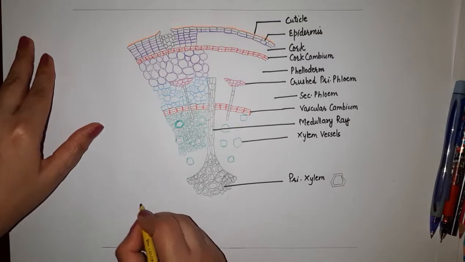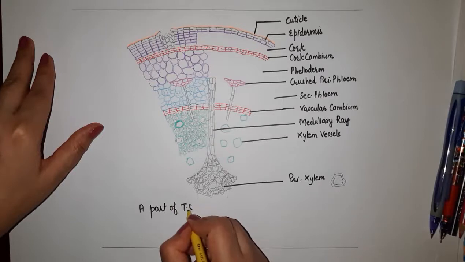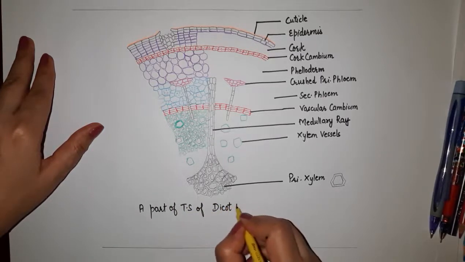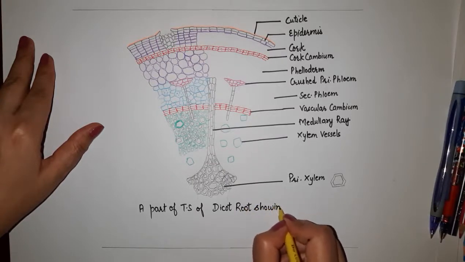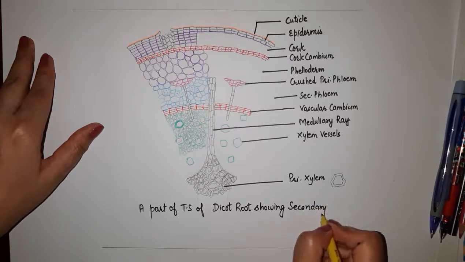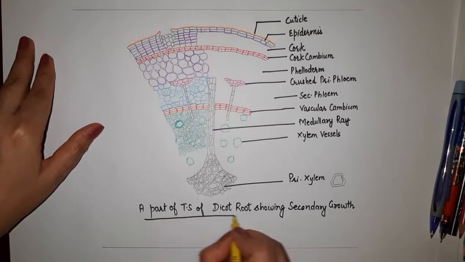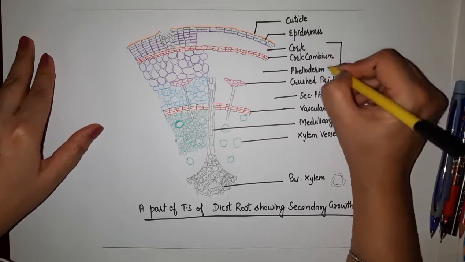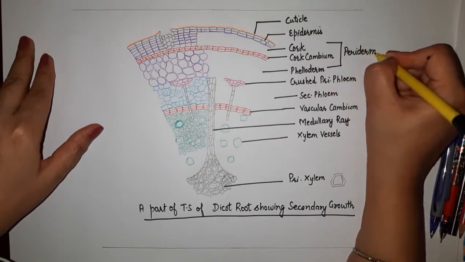So this is a part of TS of dicot root showing secondary growth. These three layers comprise periderm.